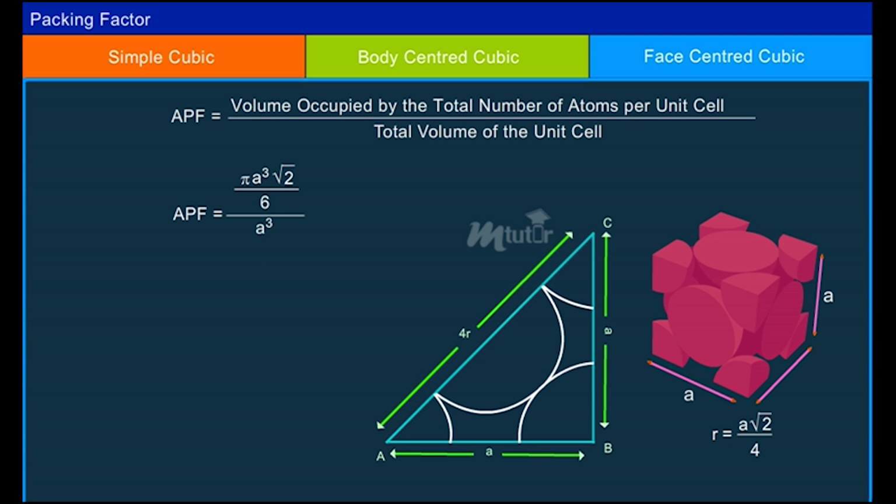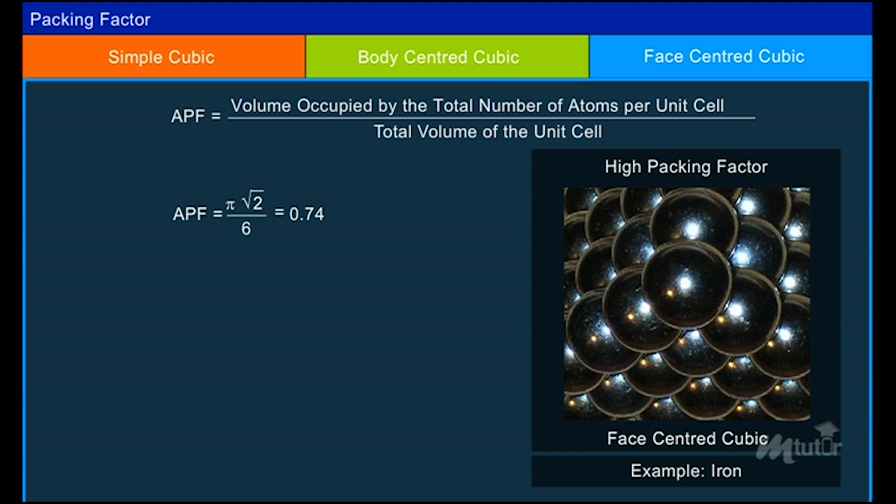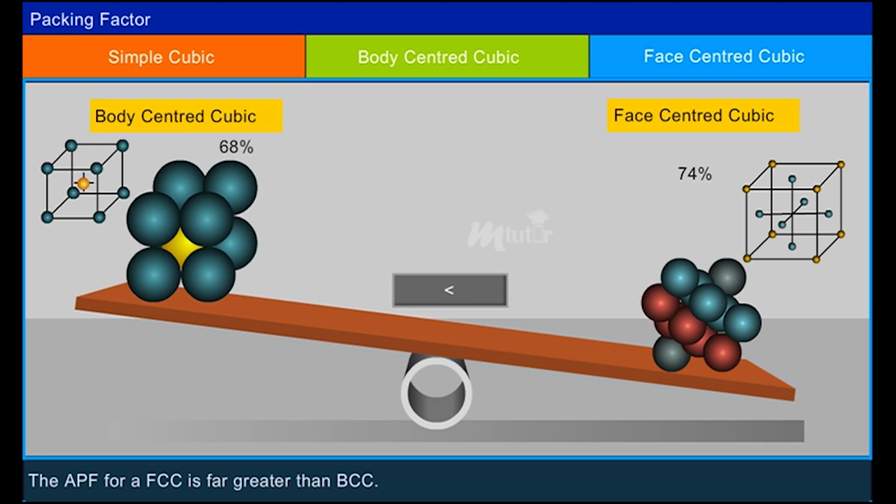Thus, we have the atomic packing factor of FCC to be pi square root of 2 by 6, which is equal to 0.74. From this value of packing density, we understand that 74% of the volume is occupied while the remaining 26% remains empty. The packing factor for a face-centered cubic is greater than a body-centered cubic structure.